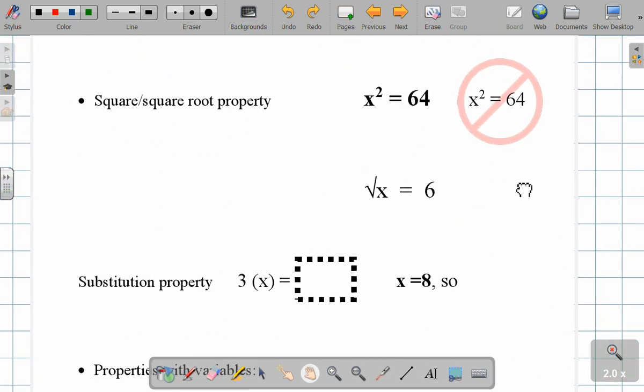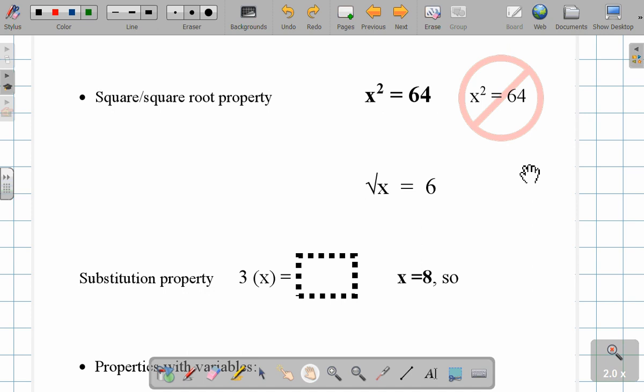And down here, I have x squared equals 64. I'd like you to go to the don't do this circle. Ready? Go like this.